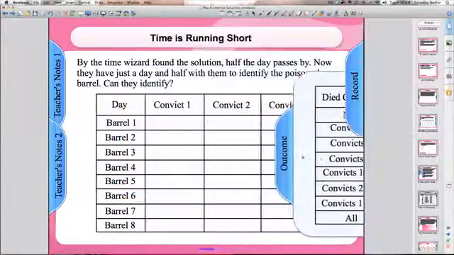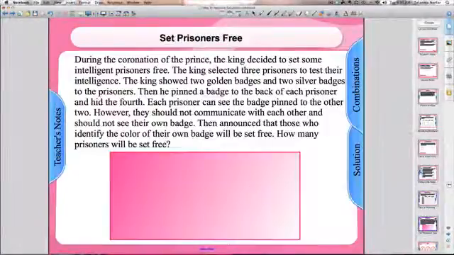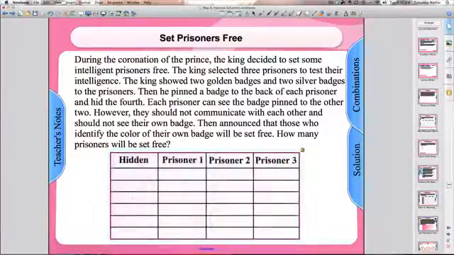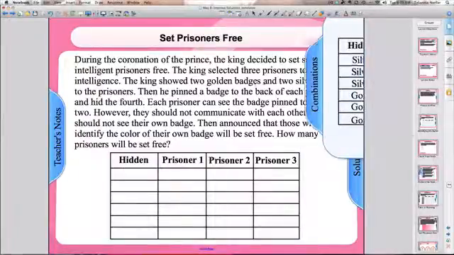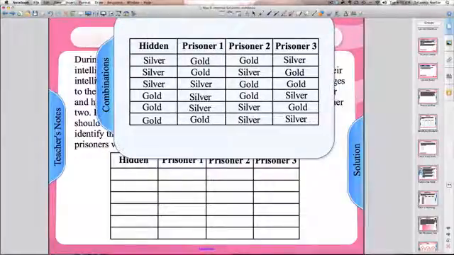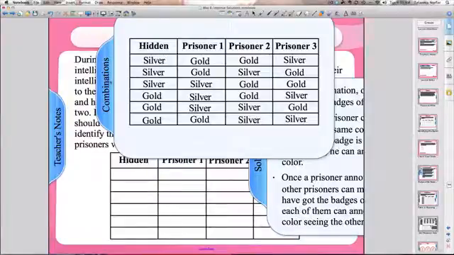Okay, good job, generals. Again, pause the video until everyone has read the problem and use the table to help you figure out the solution. Okay, here are our combinations. This brings us to our solution.